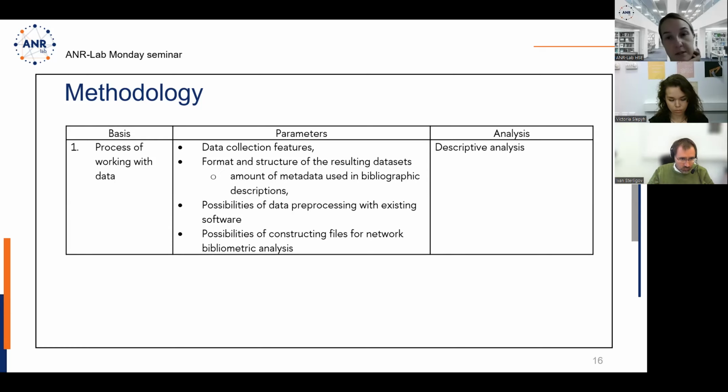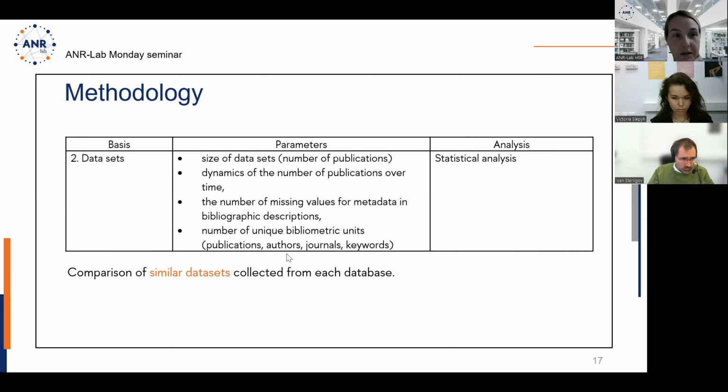We compared these parameters based on descriptive analysis, just a very simple comparison. Then on level 2, we were comparing different data sets. As I said, the idea was that we have similar data sets collected from each database, and then we looked at the size of data sets, number of publications, dynamics of the number of publications over time, number of missing values in metadata, in bibliographic descriptions, and also number of unique bibliometric units.